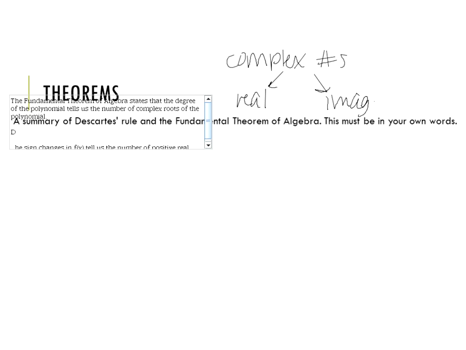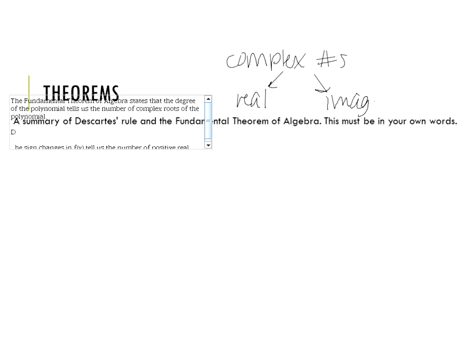And now we can look at the sign changes in f of negative x. So I think this is basically the same thing, except we're going to swap out the word positive for what word? Okay, yep, negative.